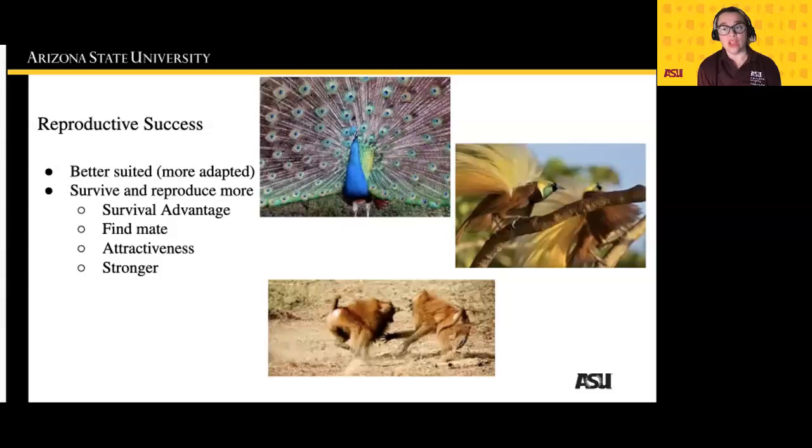Therefore, they will survive longer and reproduce more often, giving the individuals that have the trait a better chance of finding a mate. As well, being more attractive to mates, like male birds with their colorful large plumage, or being stronger, like with lions defending their pride, enhances the reproductive success of the organism.